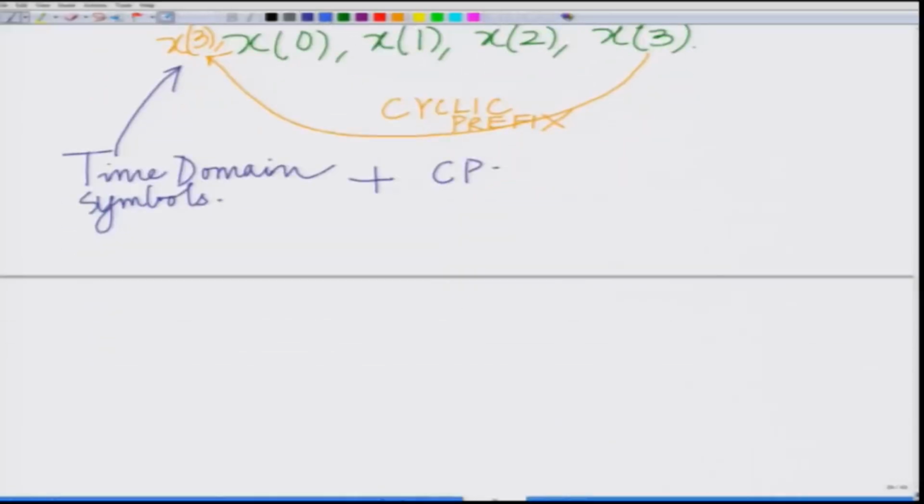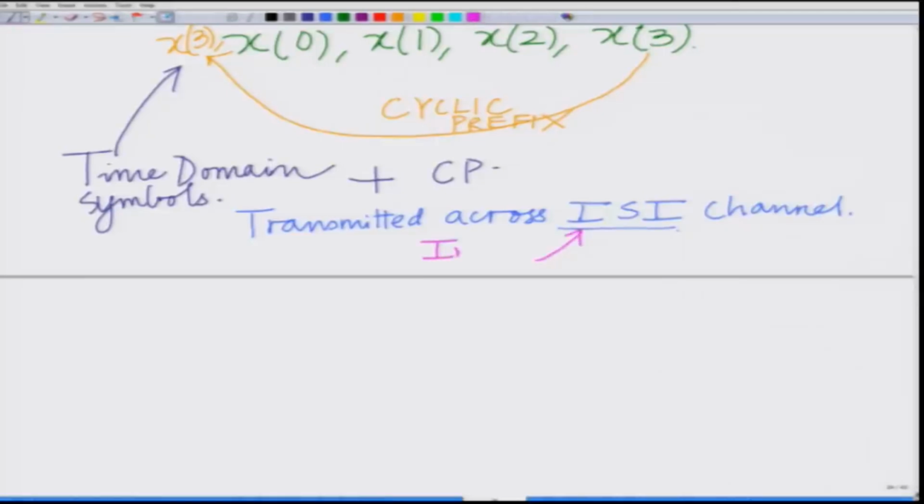Now, this is transmitted across the ISI channel, and remember ISI stands for inter-symbol interference.